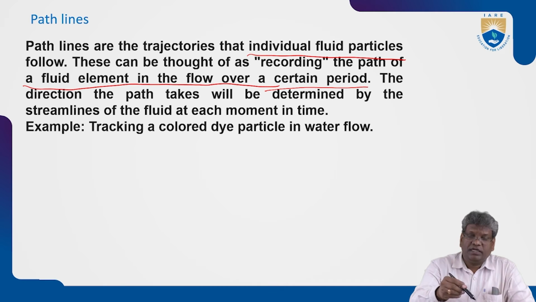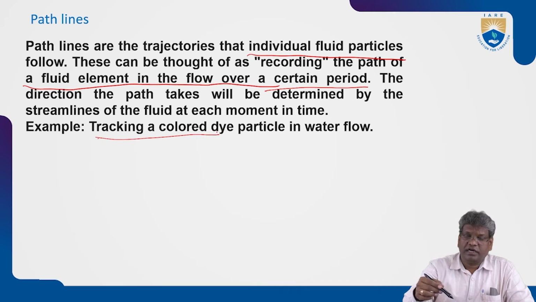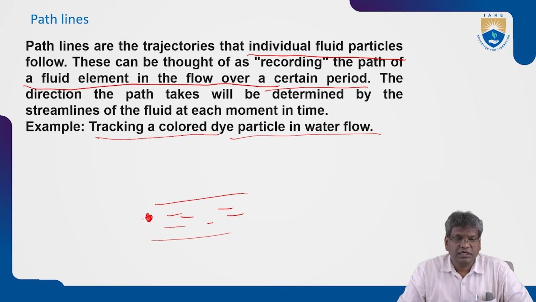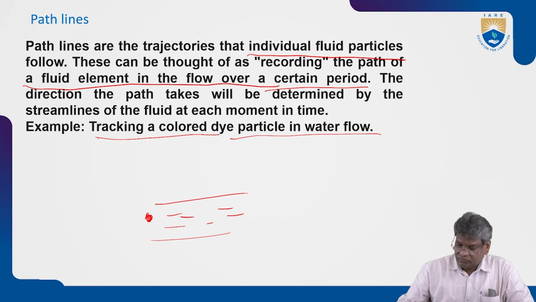So what is a practical example? Tracking of a red dye particle in water flow. Suppose the water is flowing in this way, and a color dye is released here. Tracking the dye particle, suppose it is red, as it travels, the path traced by this red dye is a pathline.